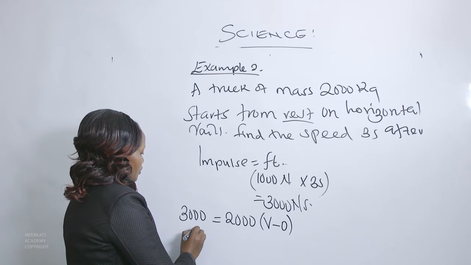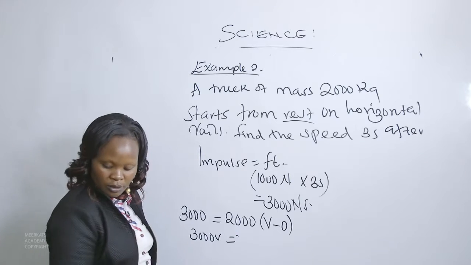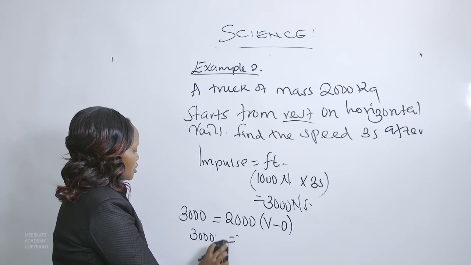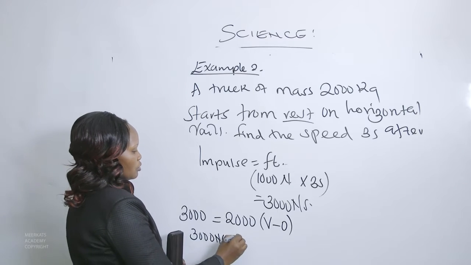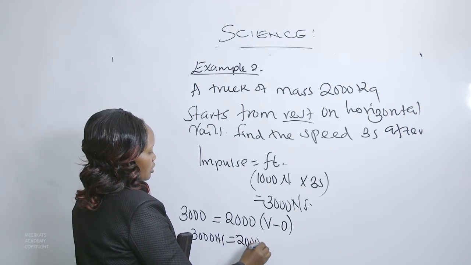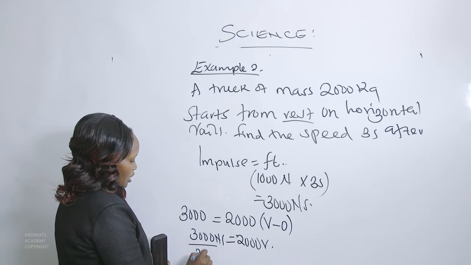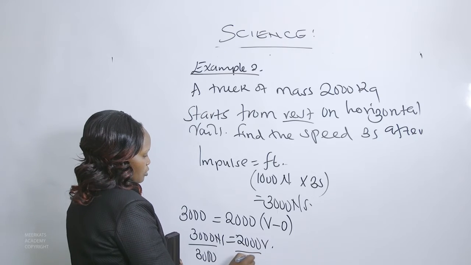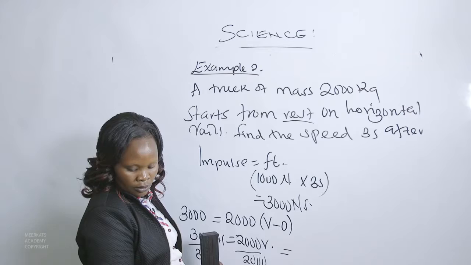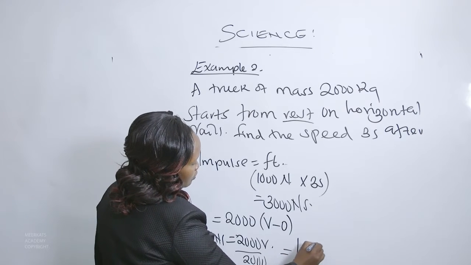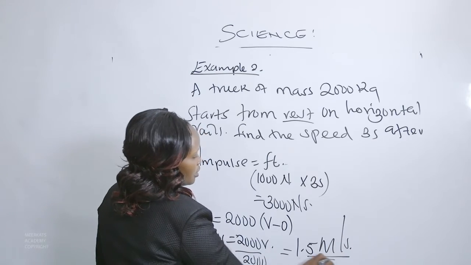And therefore, 3,000 newton seconds is equal to 2,000 V. We can divide both sides by 2,000 so that we get a velocity of 1.5 meters per second.